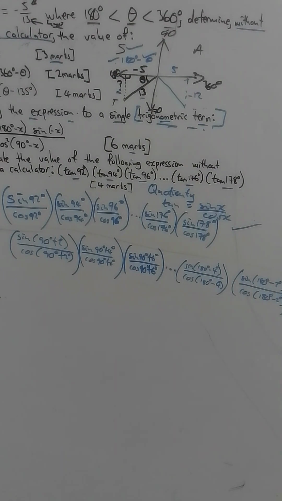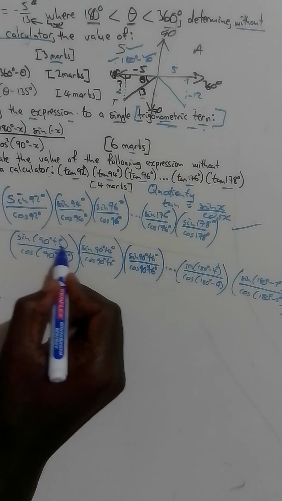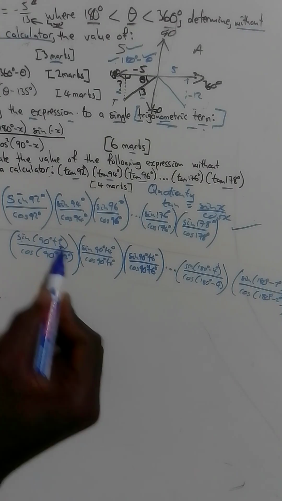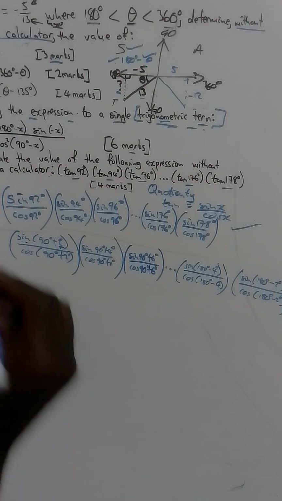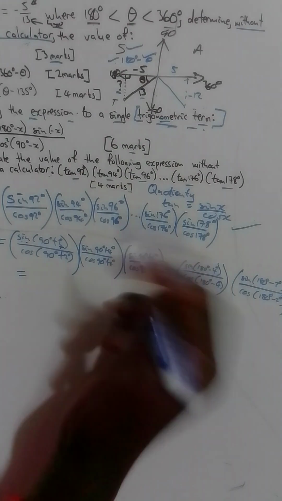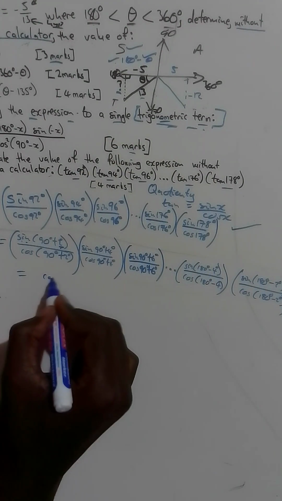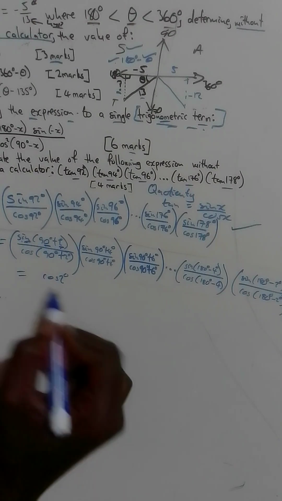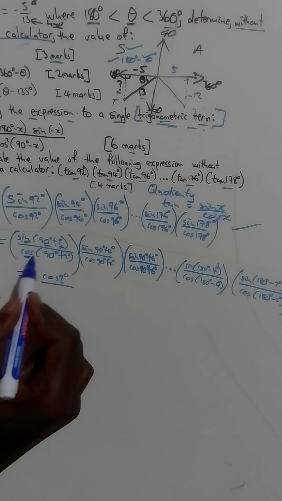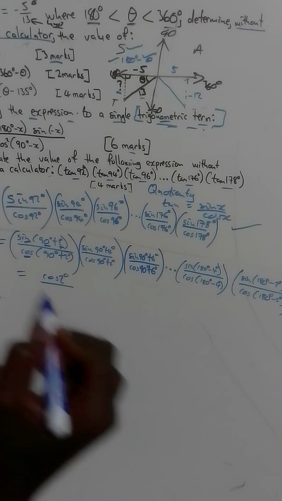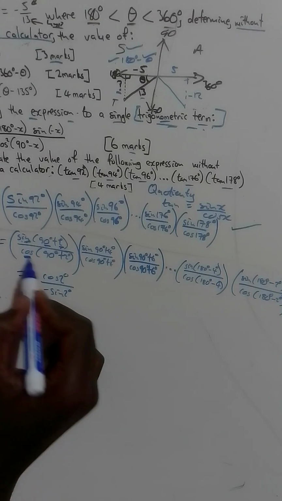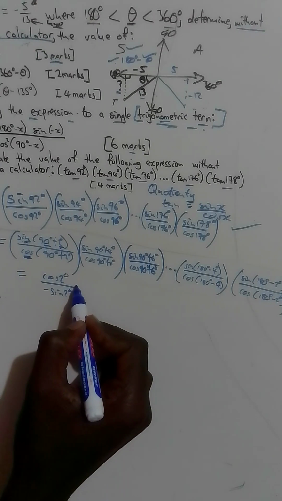Now observe, remember, when you're using the reduction formulae, you need to use what? You use your acute angle for your reference angle. So here now I come, I had sin 2 degrees, but this sin 2 degrees, I now change it, it becomes what? Like I said, the ratio, it becomes cos 2 degrees. Remember, in the second quadrant, sin is positive. However, this cos, I have to change it to become what? To become a negative sin 2x, because in the second quadrant, cos is negative, right?